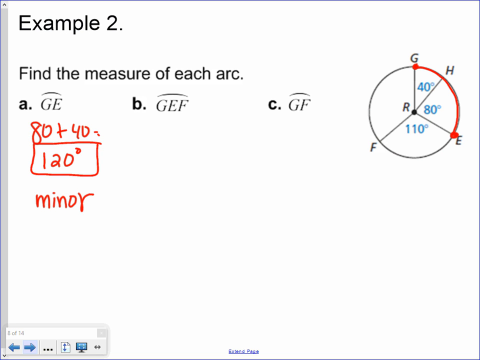The next one, GEF. G all the way to E, ending at F. Who can raise their hand and tell me how many degrees GEF would be?